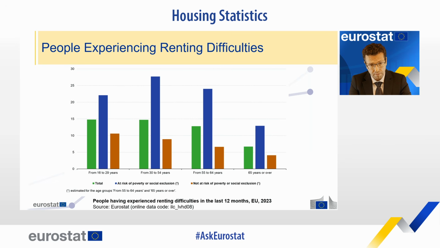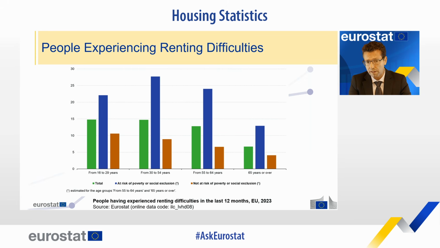Very relevant as well is to understand that the share of persons experiencing renting difficulties is quite substantial. We can analyze that by age group and see that in young and middle-aged groups, these renting difficulties are higher, and that accounts for the social dimension of the housing issues.